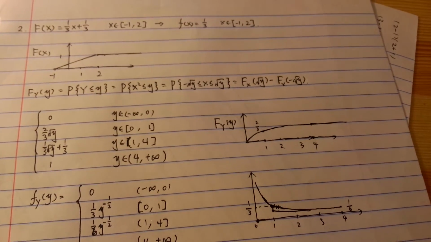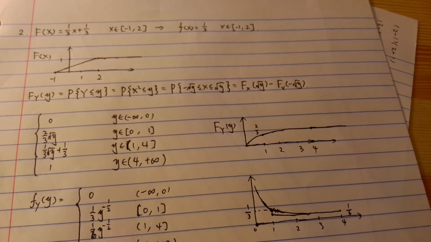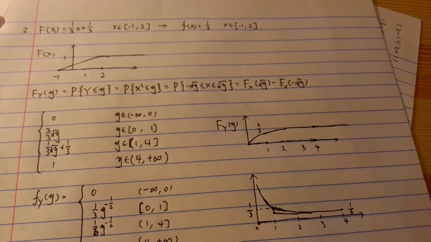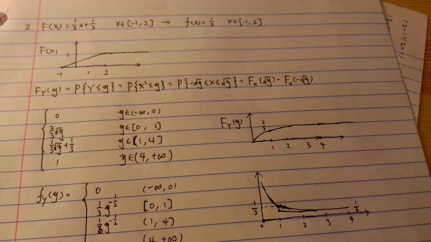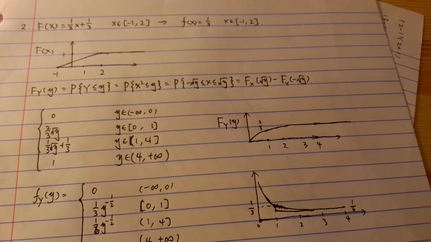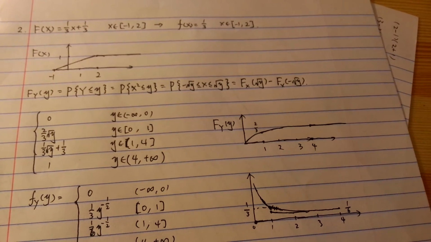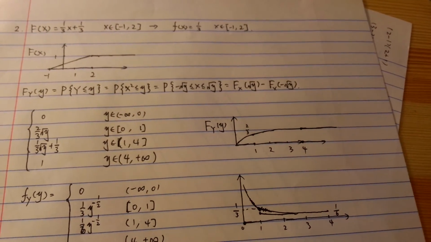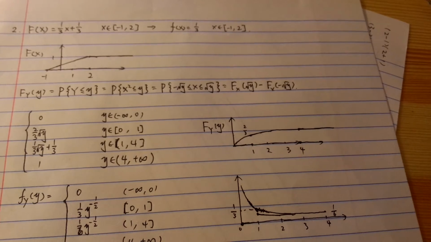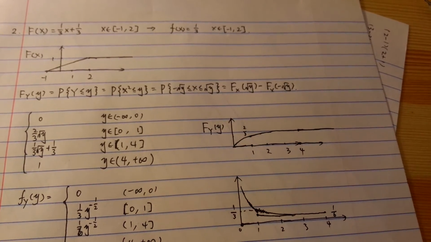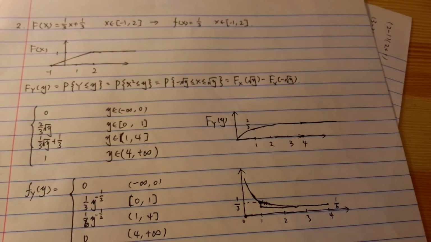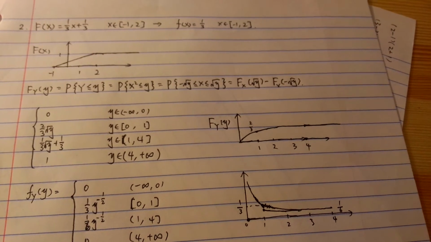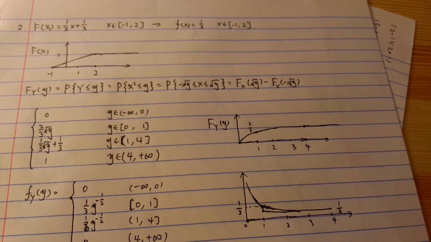Also, this is equal to the probability that X is between minus square root of y and square root of y. This is equal to F_X of square root of y minus F_X of minus square root of y.